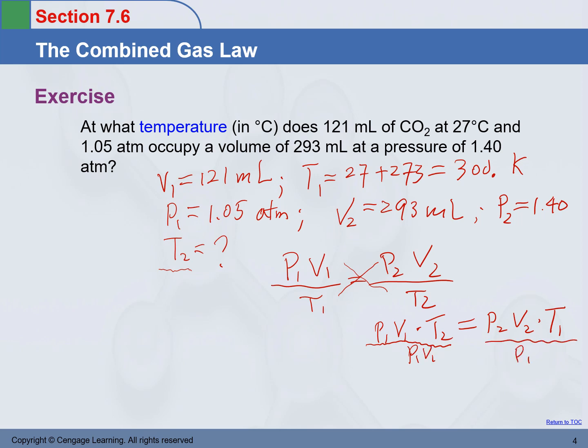You're going to get T2 equals P2 V2 times T1 divided by P1 V1. So this cancels out. Plug all the numbers in. Again, make sure your final answer should be in 3 sig figs.